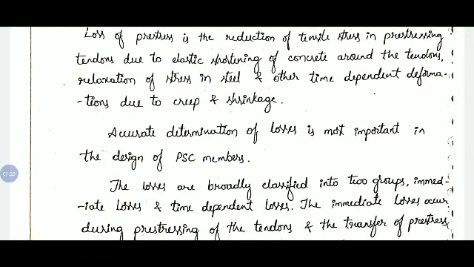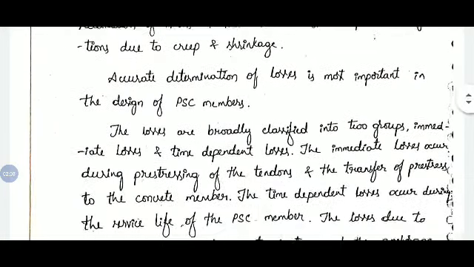Immediate losses means the losses which we find while casting, while applying the pre-stressing force and before the transfer of the member to the structure, that is at the stage of transfer of pre-stressing force on the concrete. And time dependent losses, as the name itself indicates, take more time, that is a gradual reduction in the pre-stressing force.